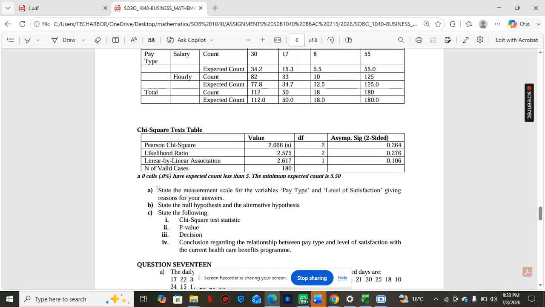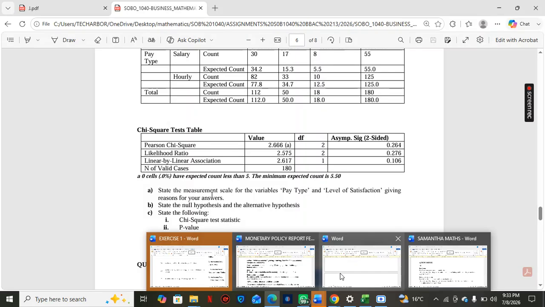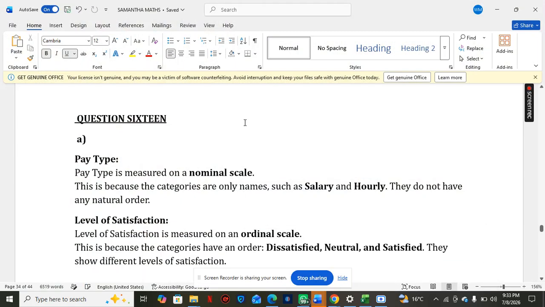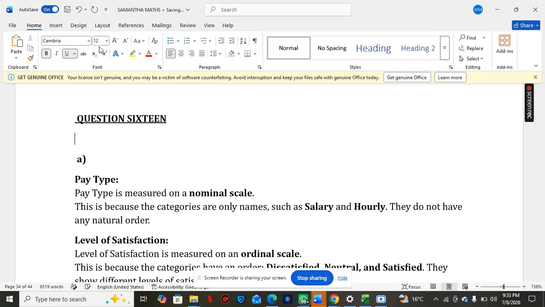So part A: state the measurement scale for the variables pay type and level of satisfaction, giving reasons for your answer. So we're going to talk about the measurement scales for both of these things. Let's put the question like this.